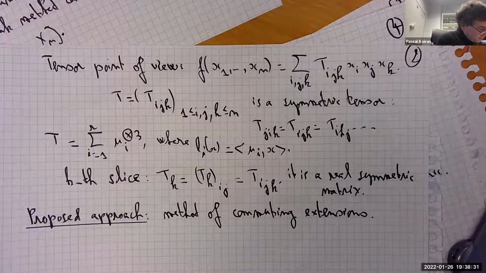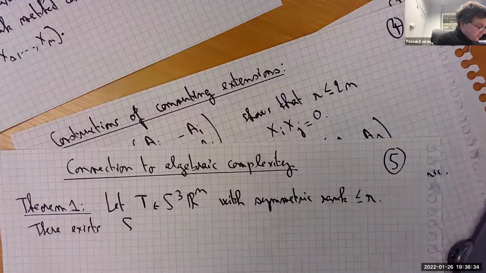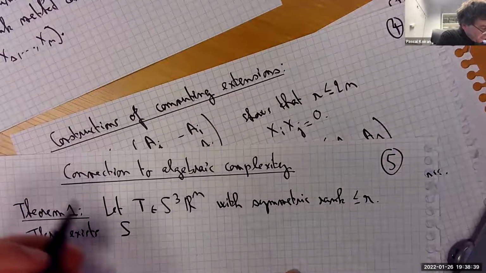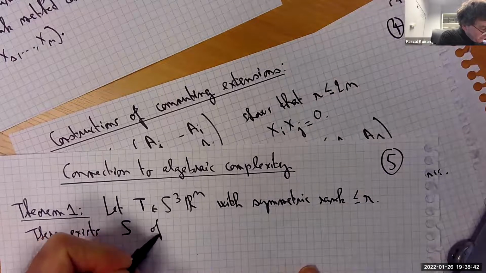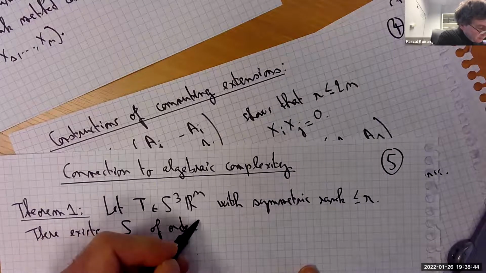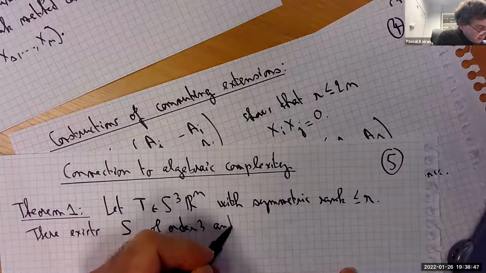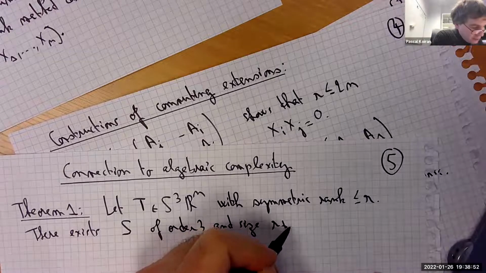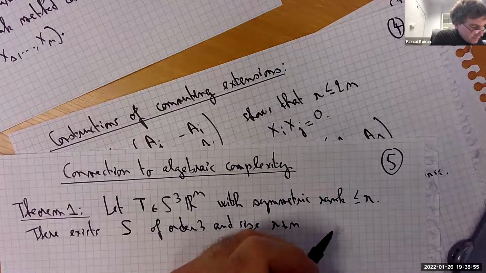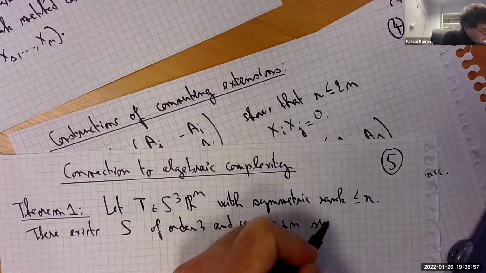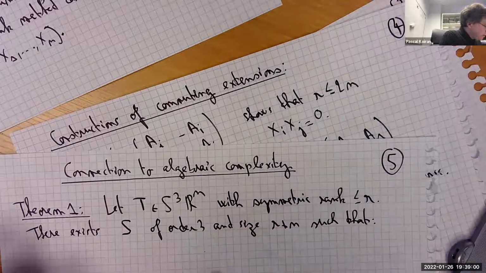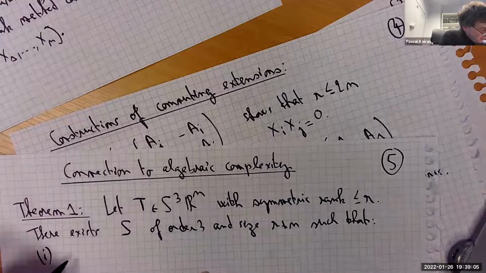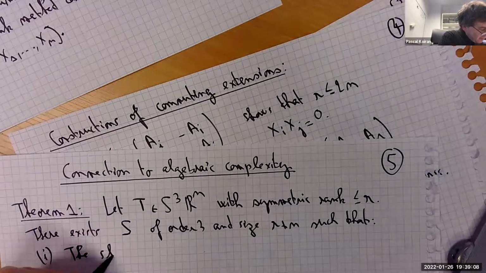So there exists another S. It's not the S of symmetric, it's a tensor. There exists another symmetric tensor, again of order 3, and size R plus N, such that two properties hold, namely the slices of S commute.